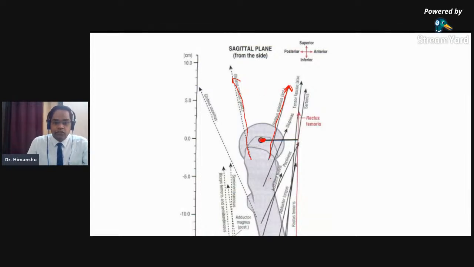Now the iliopsoas is pulling from anteriorly, going posteriorly and pulling you inside. So all these forces are targeted superiorly, although they can go anteriorly or posteriorly also. Ultimately the resultant vector will always be superior, such that they try to push the head of the femur into the acetabulum.